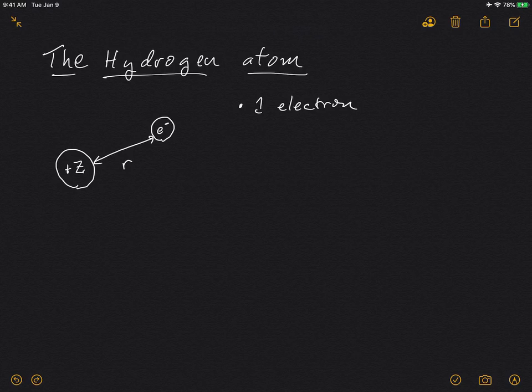And so that's where the hydrogen atom fits into things. And of course, along the way, we'll have to develop some approximation methods that employ what we know from the hydrogen atom.